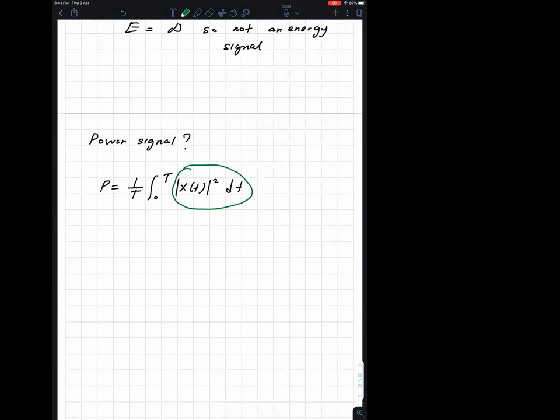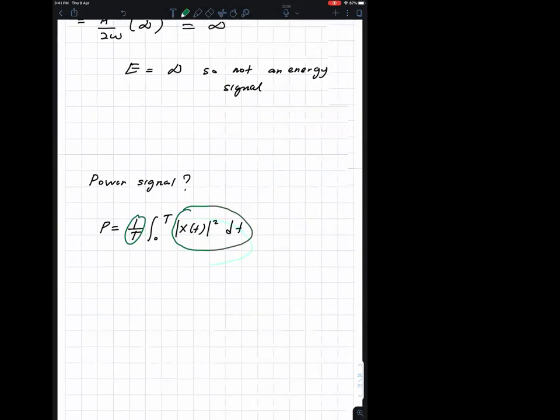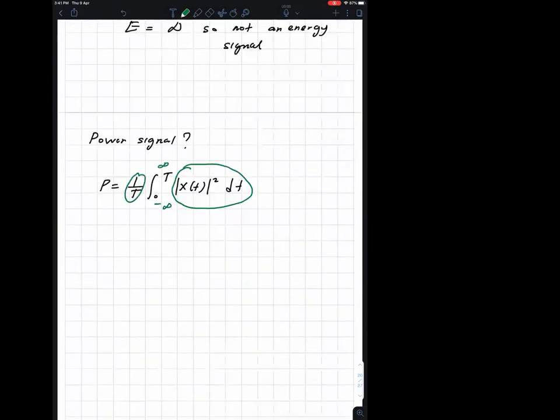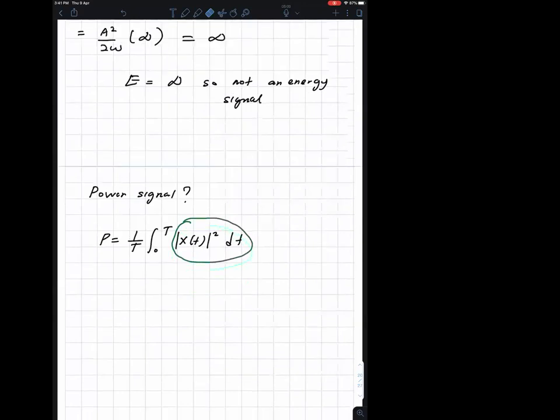The only difference is that we have an additional factor here, and energy goes from minus infinity to positive infinity. So we don't have to integrate again, only change the limits and divide by T. We can use the previous integration results.